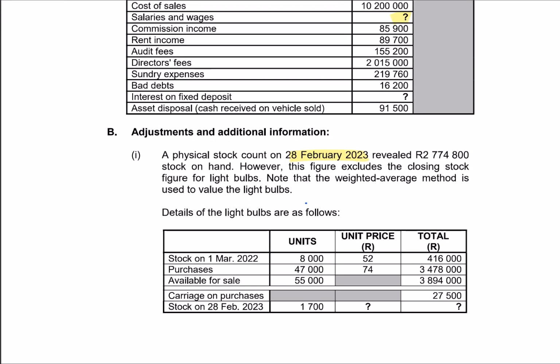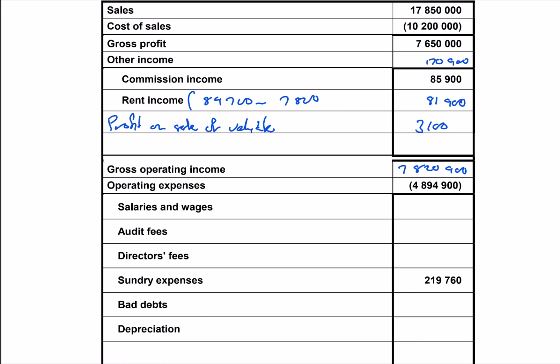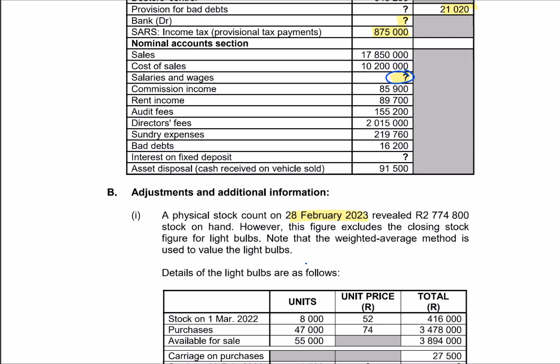So we have a question mark for salaries and wages here, and don't have an adjustment, so it will probably be the adjusting figure. Then audit fees, we have 155,200.